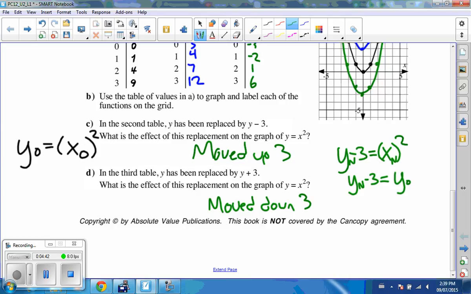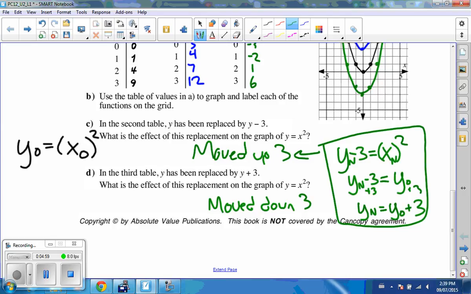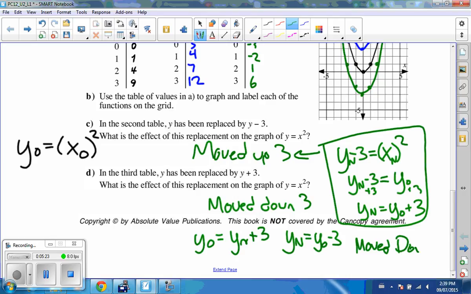Or put another way, if I rearrange this and add 3 to both sides, y new equals my old y plus 3. So whatever the old coordinate was, add 3 to it, and there's your new coordinate. That's why it moved up. When we've replaced it with y new plus 3, then what we had is y new equals y old minus 3, which moved down from the original graph.